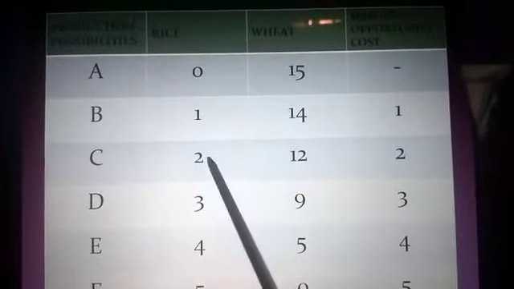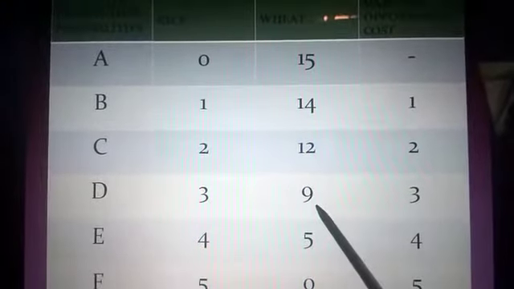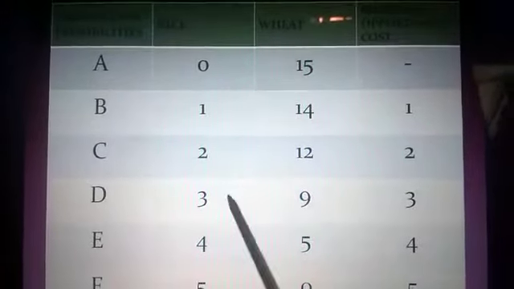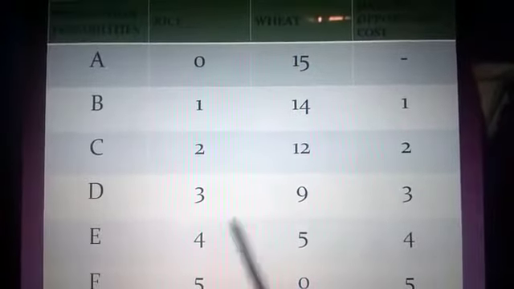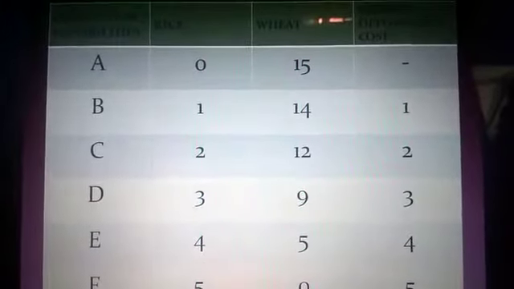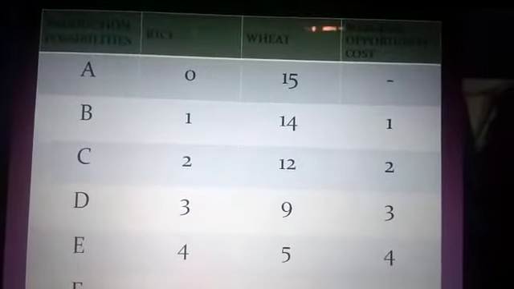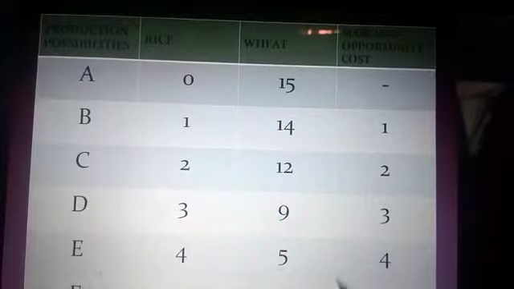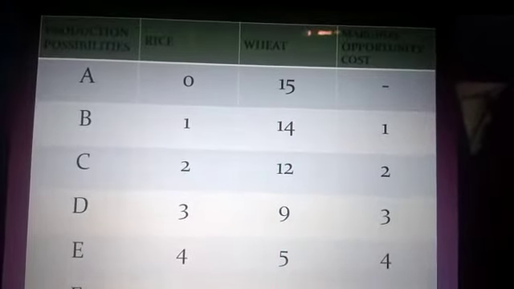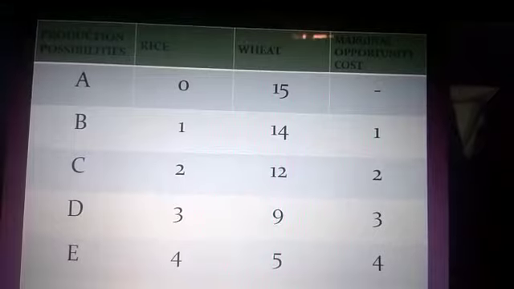In order to get 1 more kg of rice, we have to sacrifice 3 kgs of wheat. For 1 more kg of rice, we have to sacrifice 4 kgs of wheat. For 1 more kg of rice, we have to sacrifice 5 kgs of wheat. The amount of sacrifice we are undergoing is known as the marginal opportunity cost.